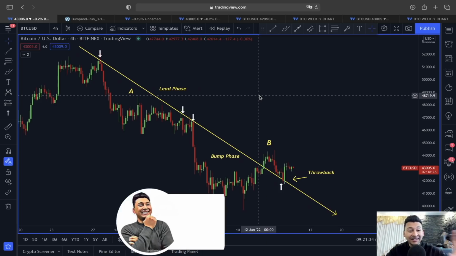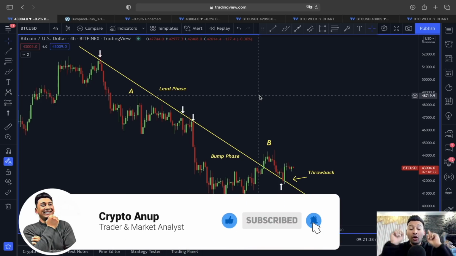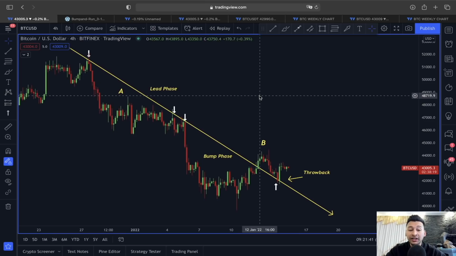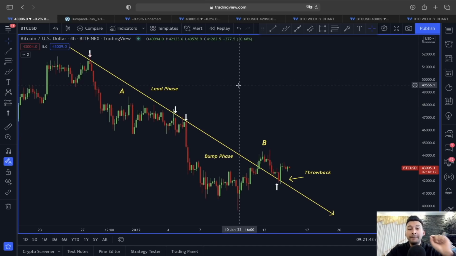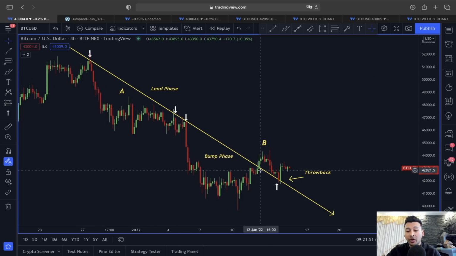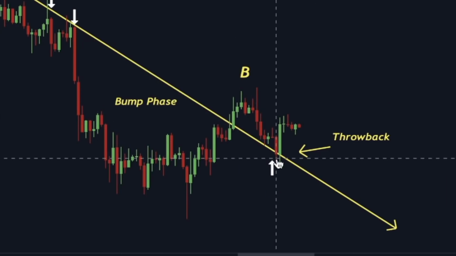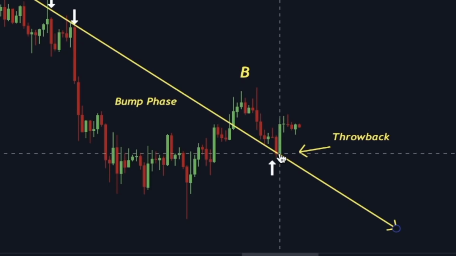So let's start right now, looking at this price action in a 4-hour time frame, because in my yesterday's video I showed you this one scenario which was known as the bump and run reversal pattern. According to this pattern, since the price of Bitcoin has broken out of this falling trend line, which was also thrown back to this trend line, you can see yesterday when we had this price pullback, we found support.